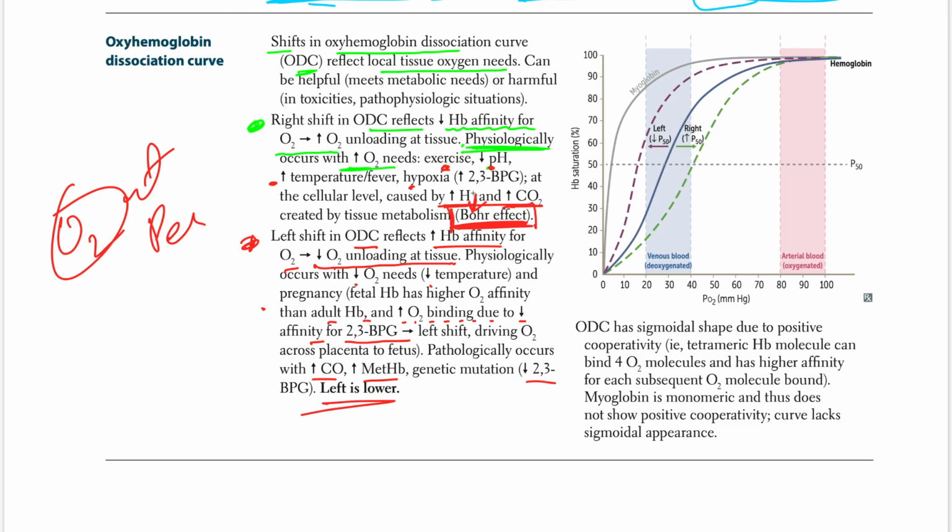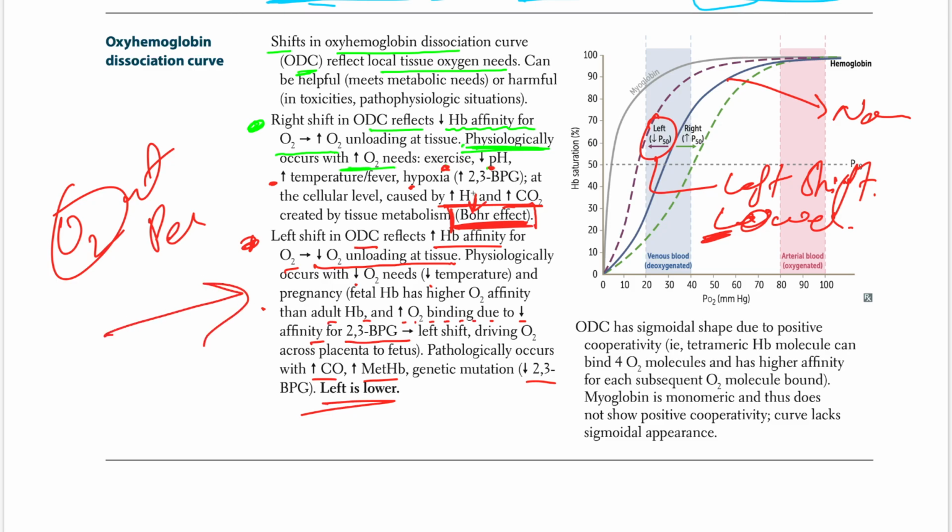So if you look at this graph, this is normal. The blue one is normal, right? If you have a left shift, what is the mnemonic here? L for left, L for lower. Everything is lower. If you look at all of these, it's just decrease: decrease in temperature, everything is going to decrease, including 2,3 BPG, except the pathological states.